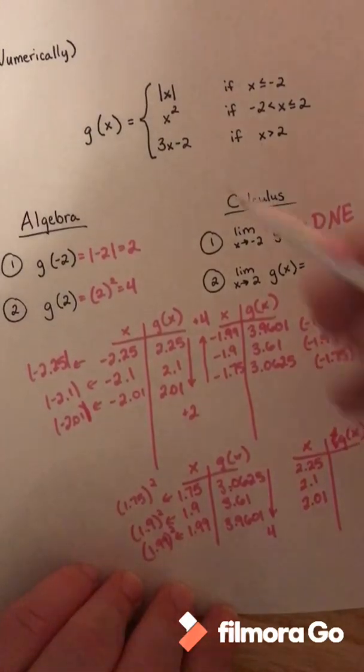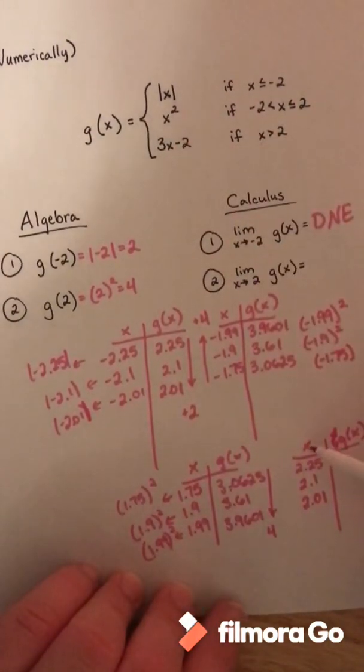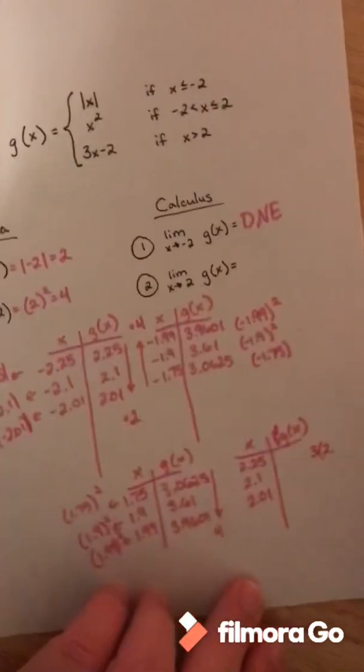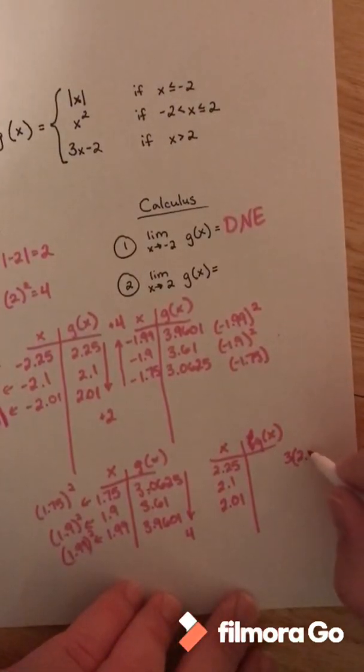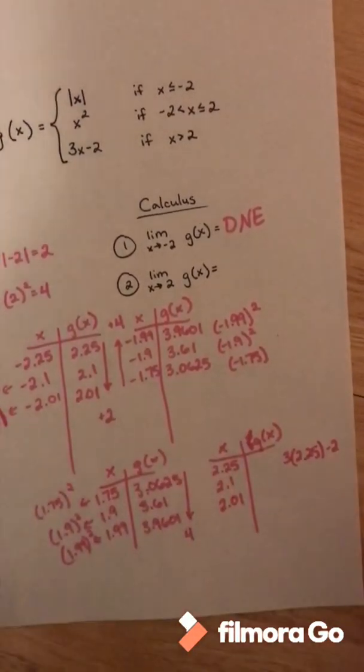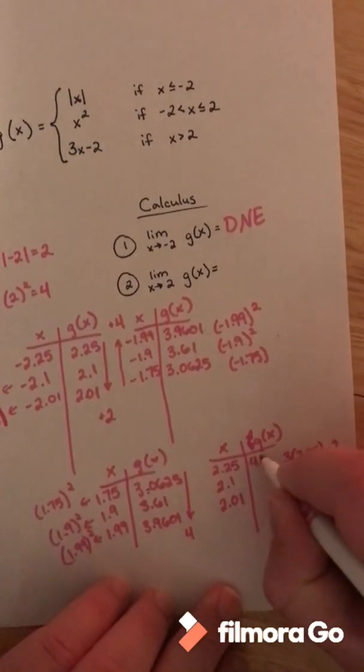On the other side, I'm going to do this 3x minus 2, because again, notice these values are greater than 2, so we're going to plug these in and see what happens. So I'm going to plug in 3 times 2.25 minus 2. Just to make sure I get the right number, I got 4.75.